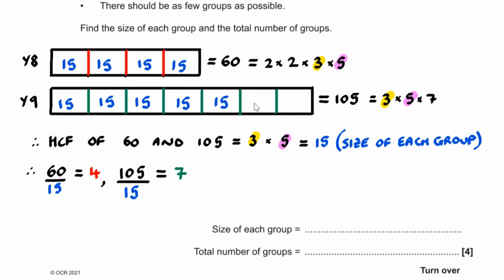And again, that is shown in this model. So the total number of groups we would have, well, we've got 4 from year 8 and 7 from year 9, the total number of groups we've got is 11, with 15 in each group.